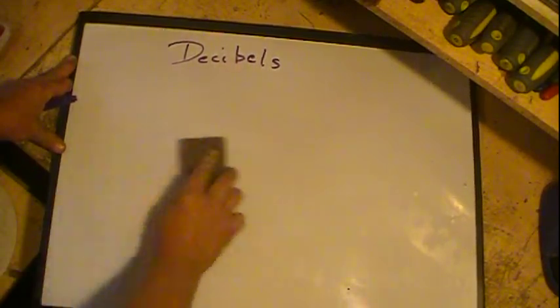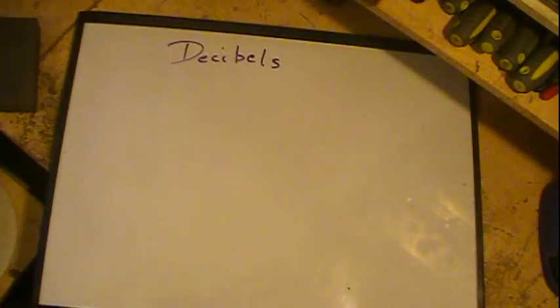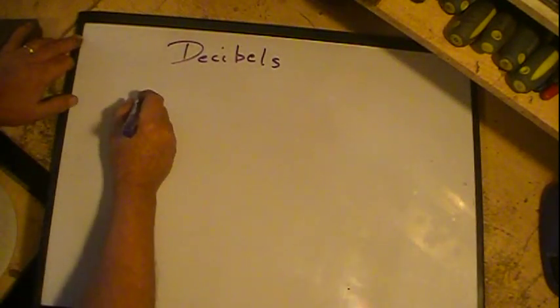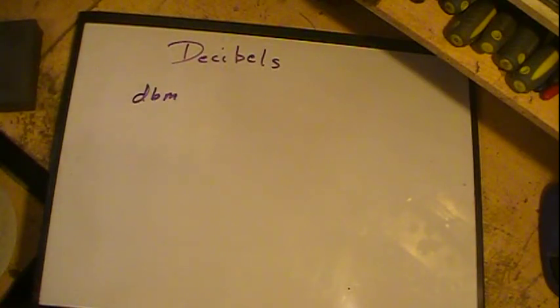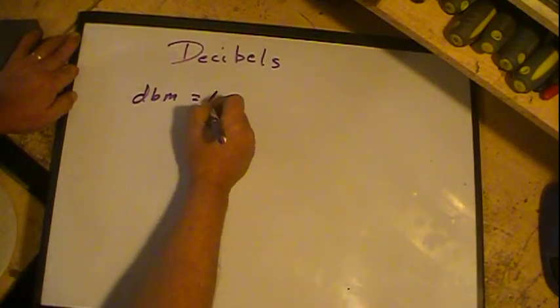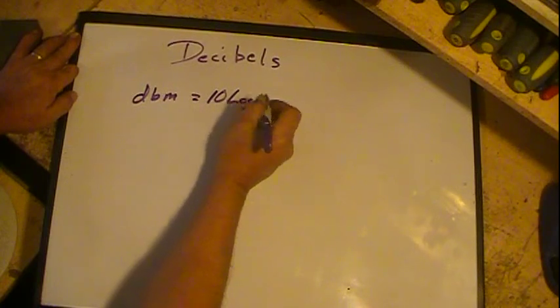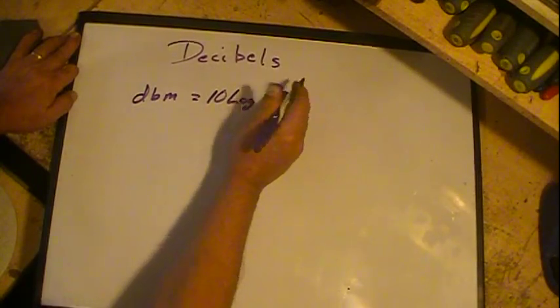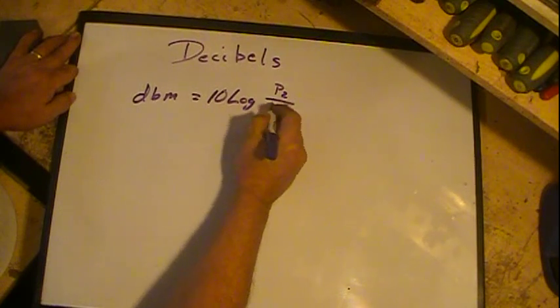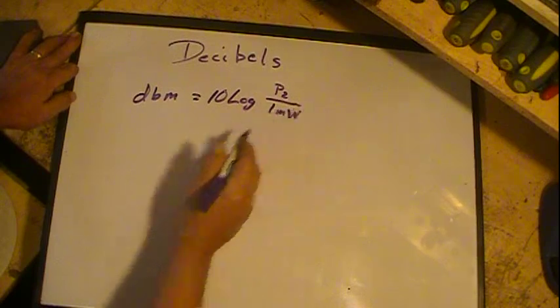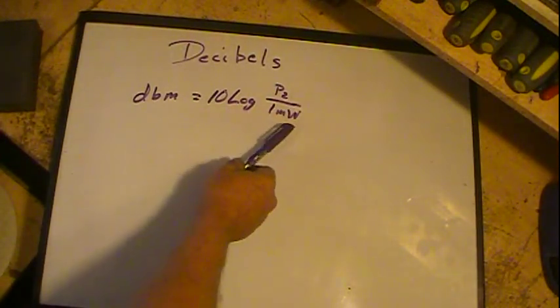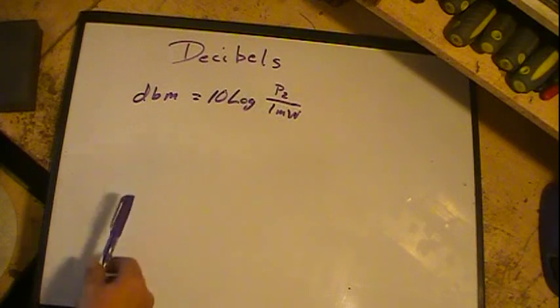Well, eventually they decided to develop some standards. And the most used, pretty well set standard, is the dBm. And what does that equal? That is 10 log of P2, the output power, related to 1 milliwatt. So they decided to pick P1 as 1 milliwatt.